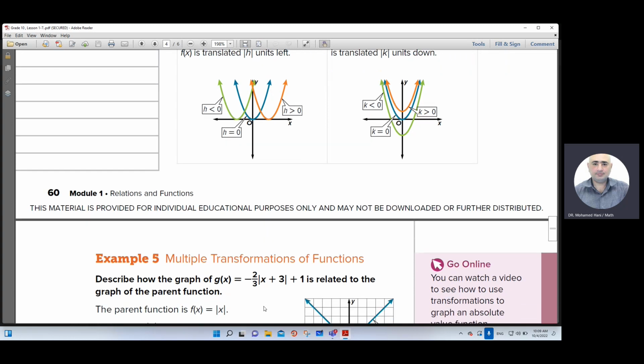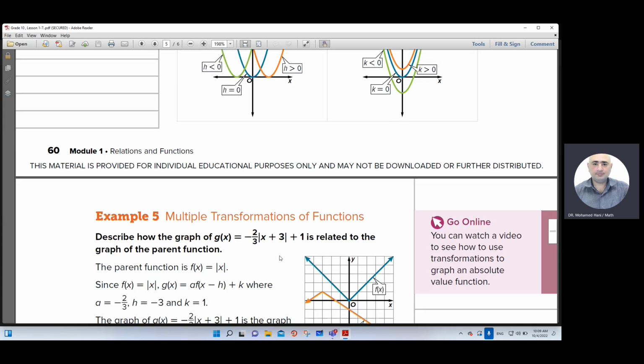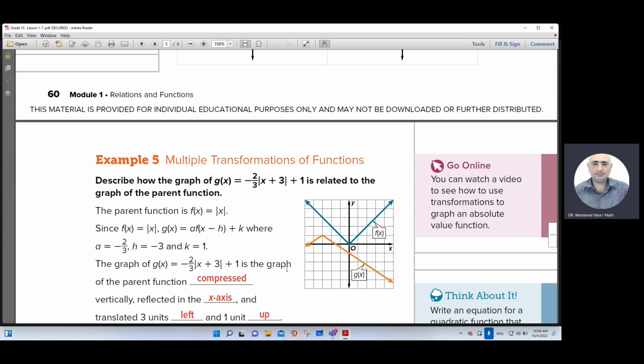When you have absolute value, we remember what the graph of the absolute value looks like, always like this. As you see here, we have the value of h, the value of k, and the value of a.